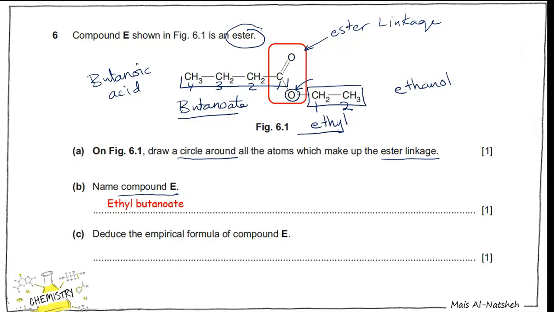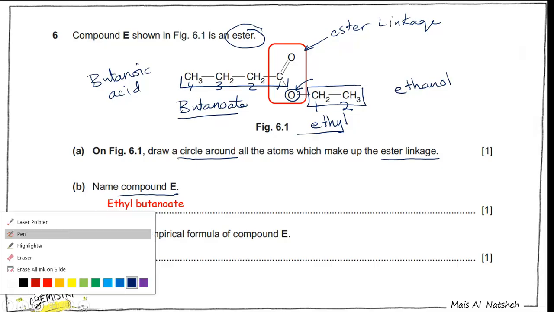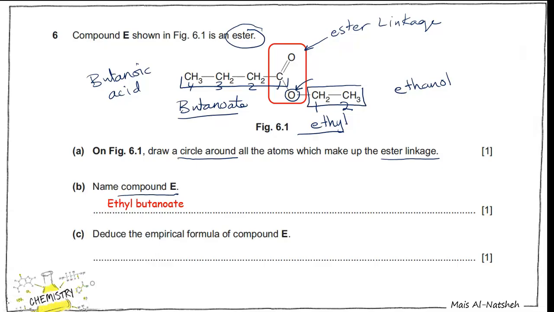How can I tell the empirical formula? We have to count the atoms for each element and find the molecular formula, then decide what would be the empirical, which is the simplest ratio. How many carbons do you have? 1, 2, 3, 4, 5, 6 carbons, so we have C6.